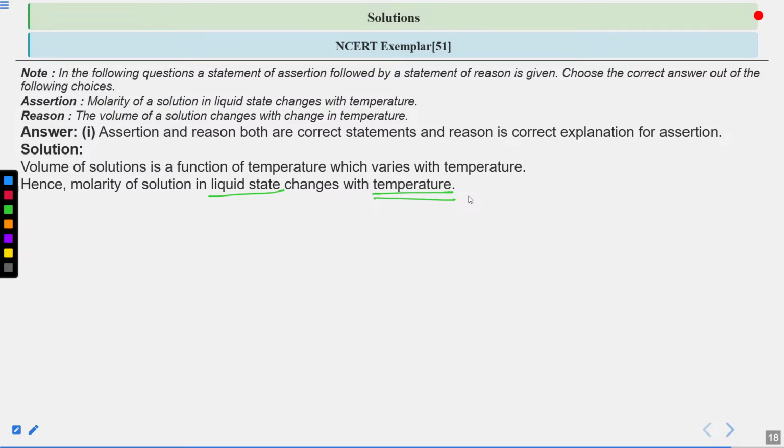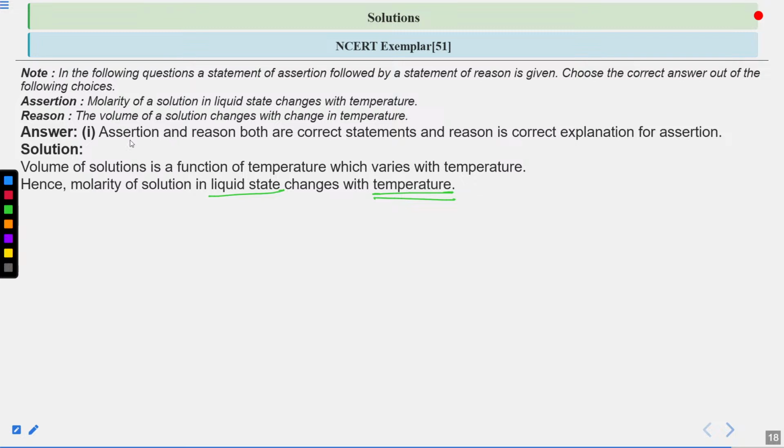So as you know, in the molarity the volume term is in the denominator. And the volume of any solution is a function of temperature, because it will change when the temperature changes. When you vary the temperature for a particular solution, its volume will change, either increase or decrease.